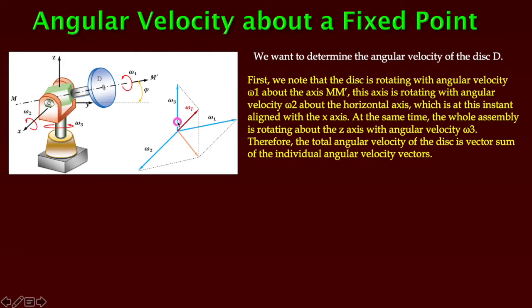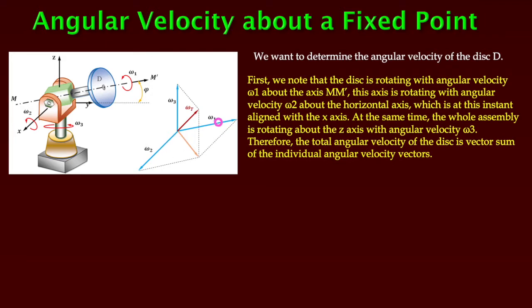Now give the direction of omega 1, this is omega 1 parallel to this one, omega 3 is here, this is the direction because it is rotating about vertical z axis. So along the axis is the direction of the vector, so this is omega 3, and this is the axis, so omega 2 is the direction. Now what is the resultant angular velocity? That is denoted as omega t.